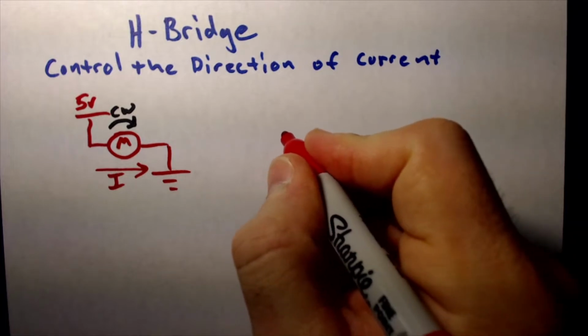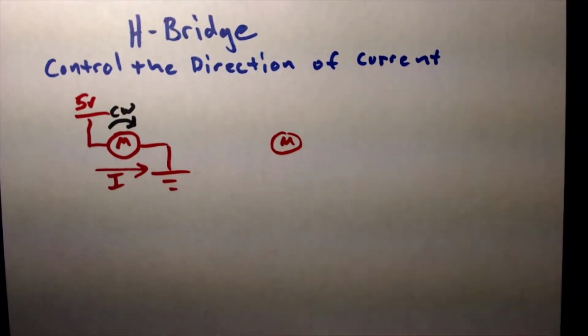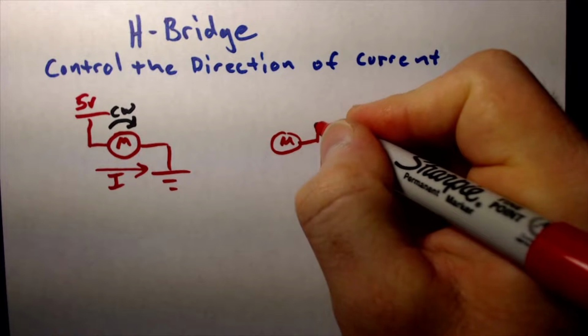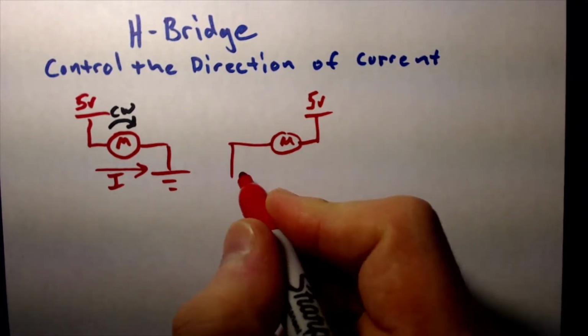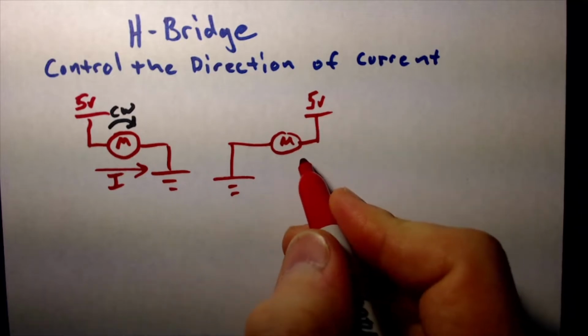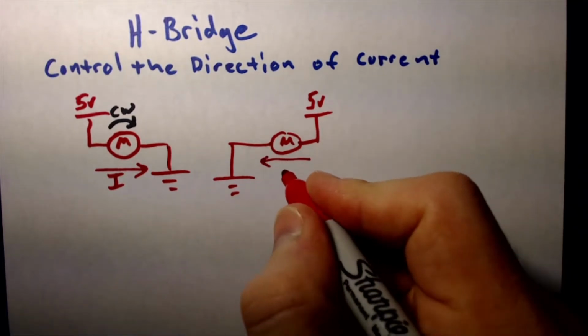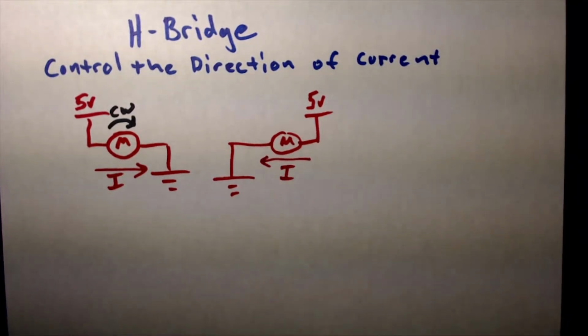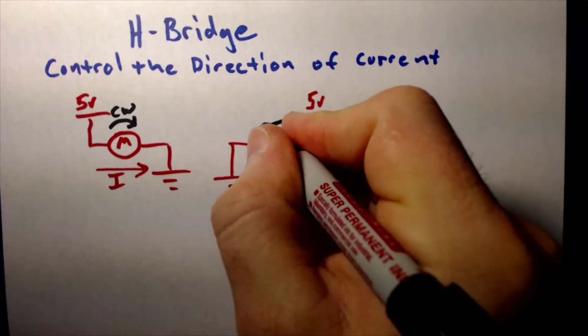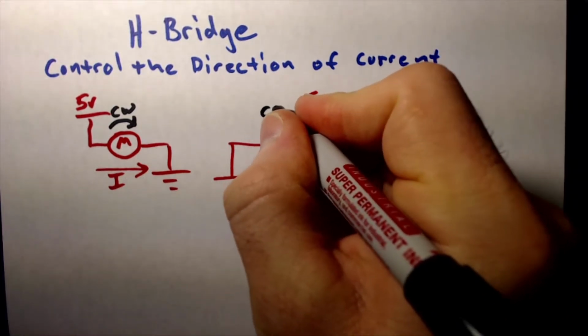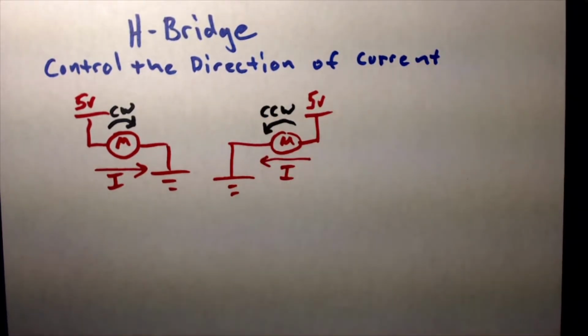So let's put that up here, for example. I'll take my motor. Now I'm going to take the right side, attach that up to 5 volts, and take the other side and attach that to ground. And now my current's going from right to left. By the convention I've already established on my sheet here, my motor is going to turn counterclockwise, or anti-clockwise if you're in Europe.